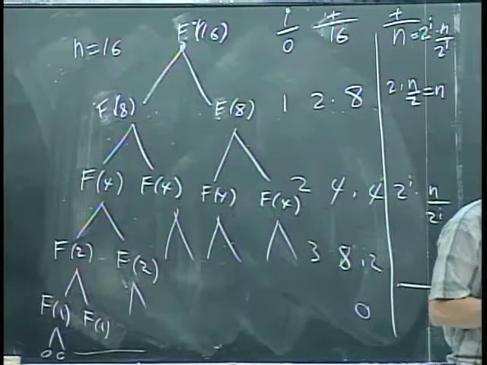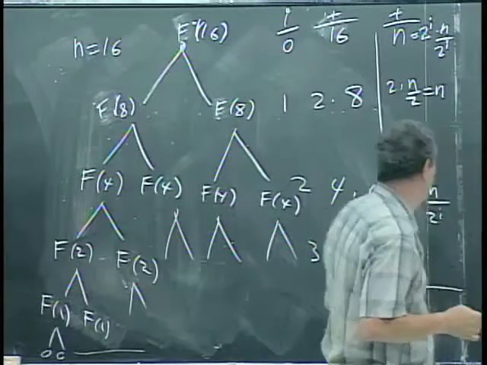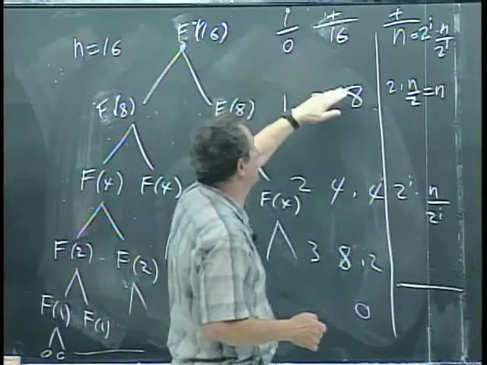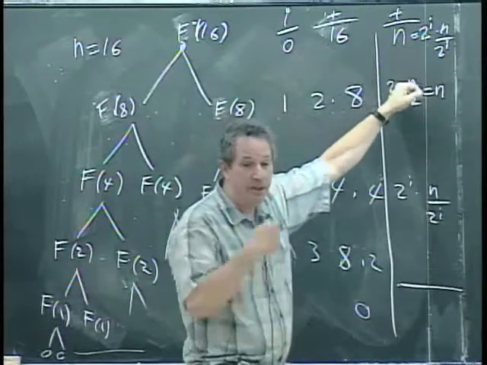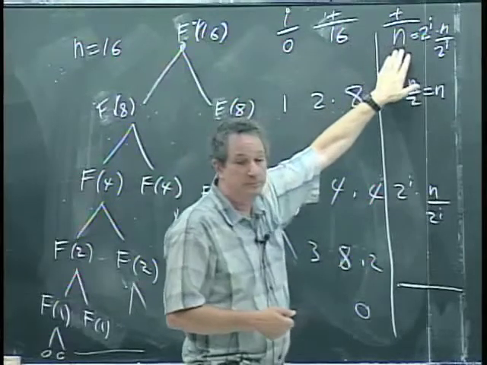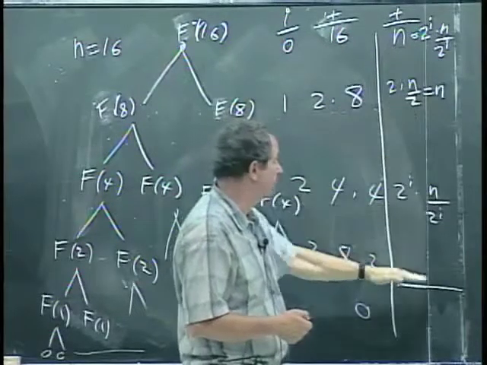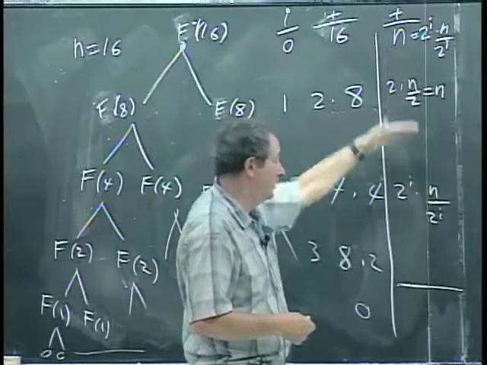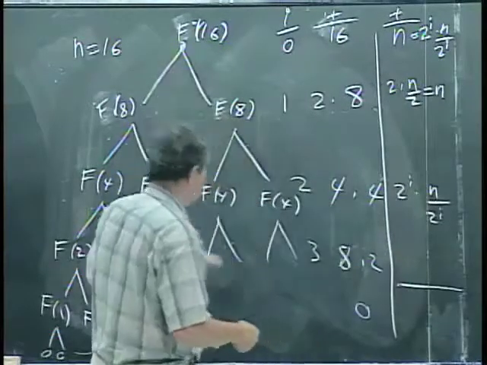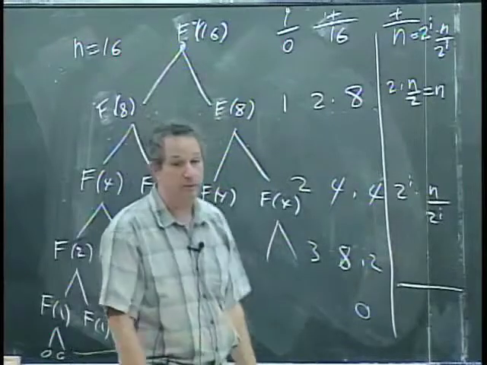Question? I'll wait. Okay. So what I'm saying is we're seeing the pattern that every level, what we're adding up from applying the recurrence is n. And therefore, the total can just be expressed as the number of levels in this unwrapping times n.